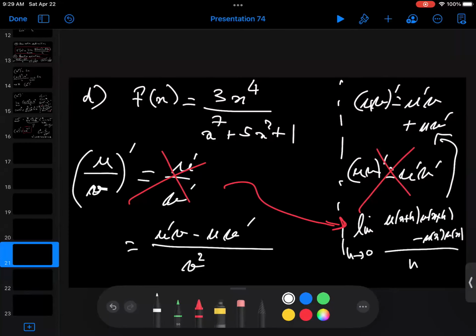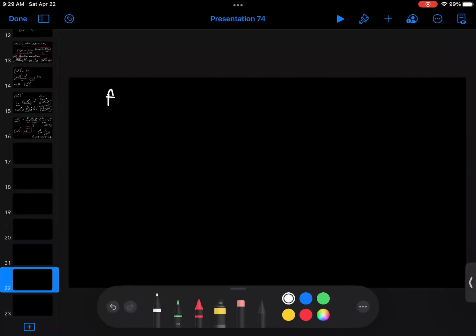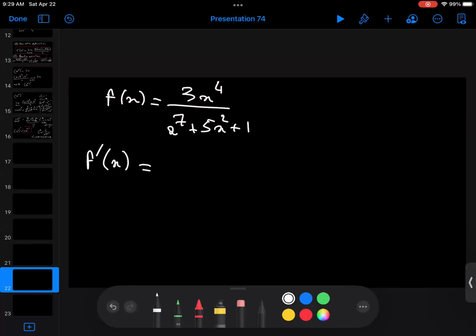So what we are going to do is just apply this formula to our function f. Let's write f of x again: 3x^4 divided by x^7 plus 5x squared plus 1. And so f prime of x, if you remember the formula, is u'v minus uv' divided by v squared.